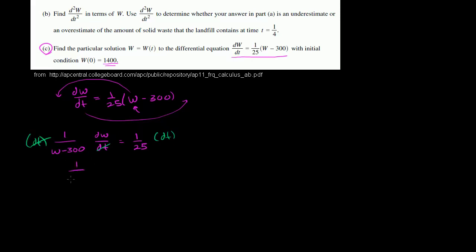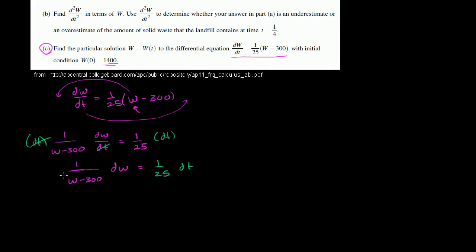You have 1 over w minus 300 dw, let me make sure that the dw doesn't look like it's in the denominator, dw is equal to 1 over 25 dt. Each little increment of w times this is equal to each little increment of t times 1 over 25.